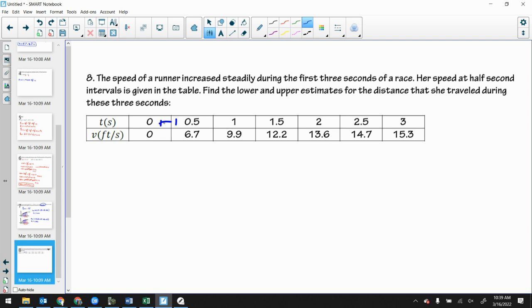So I could apply that speed to here, that speed to here, that speed to here, and that speed to there, right?